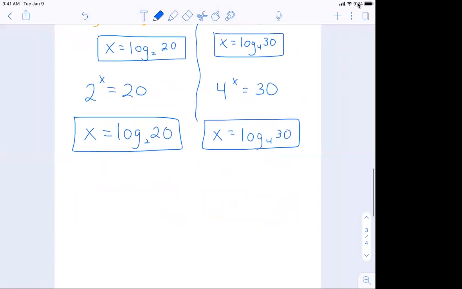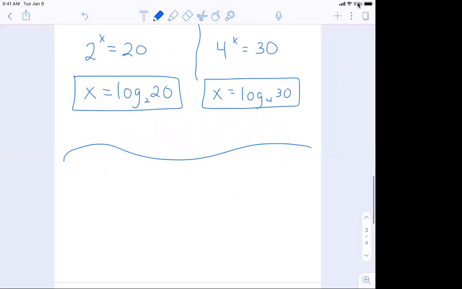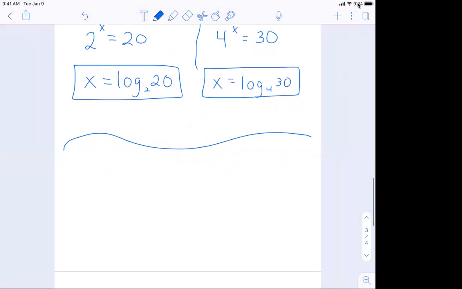All right, I know I'm throwing a lot at you here, but I want to take one the other way as well. Let's say we had log base 6 of x to the 4x minus 3 is equal to 10. All right, that is an ugly looking problem.